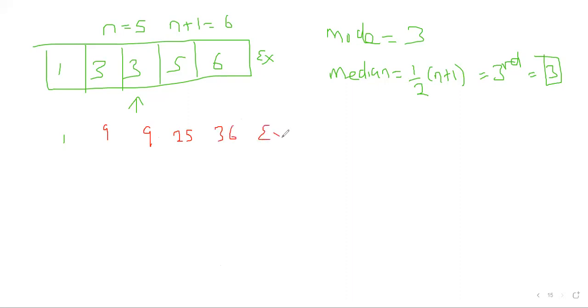Add them for the summation of x squared. So what do we get when we add up here? 70.